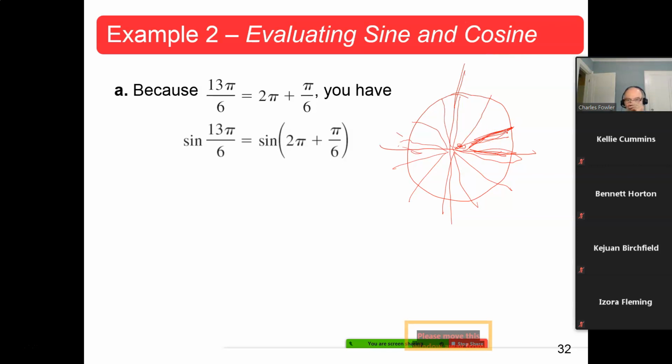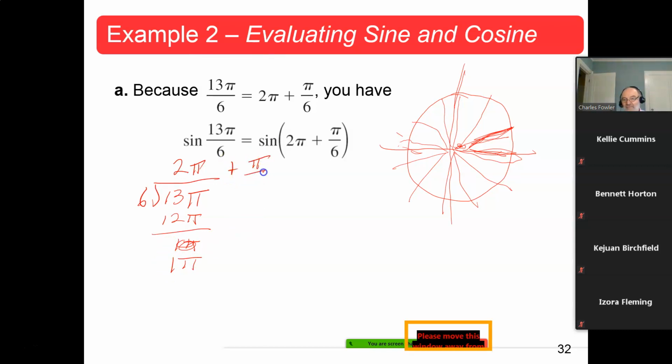Well, that was the same as 1/6 pi, okay? Because if you did the math on that, 6 will go into 13 twice, 2 times 6 would be 12. That would give you 1 pi left over. Bring the pi up here, and you just have a 1 pi left over, and then your fraction would be plus pi over 6.